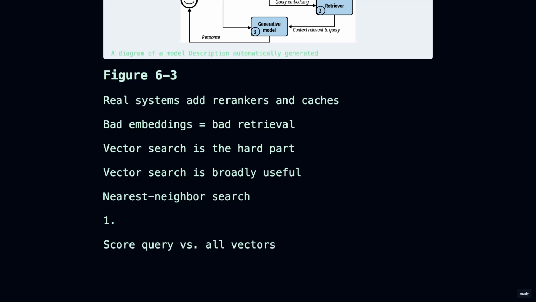Each database vector is compared with the query embedding using a similarity metric, such as cosine similarity. This is accurate, but it becomes slow as the database grows.